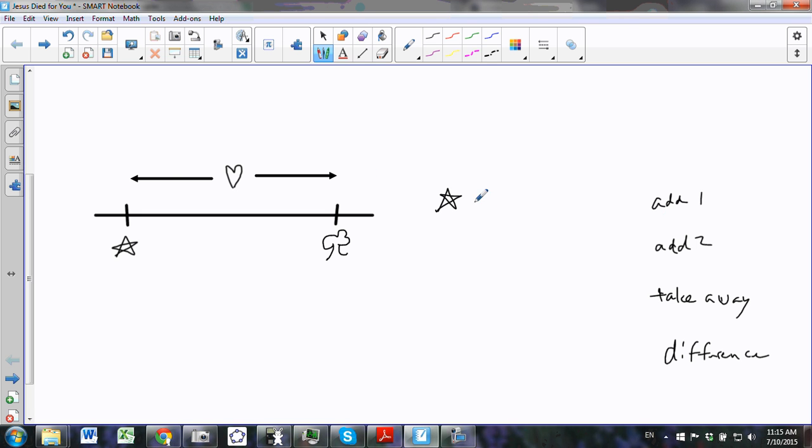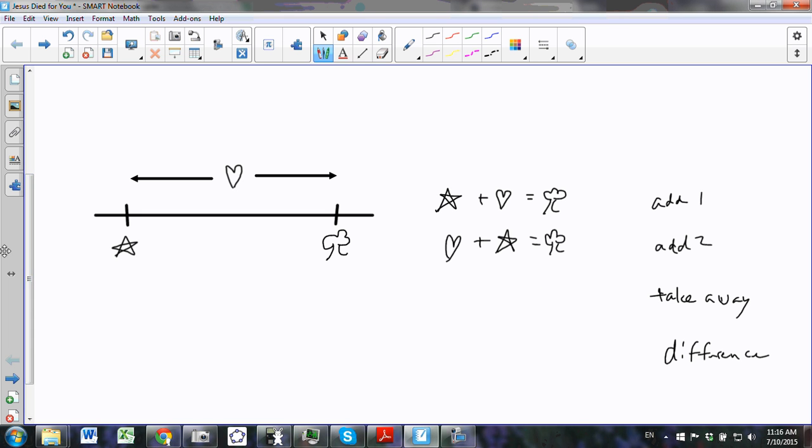So the first addition equation would be, well, if we start with star and we add this heart number, we get tree. And because addition can go both ways, it's commutative, we could turn that around and say that heart plus star also equals tree.